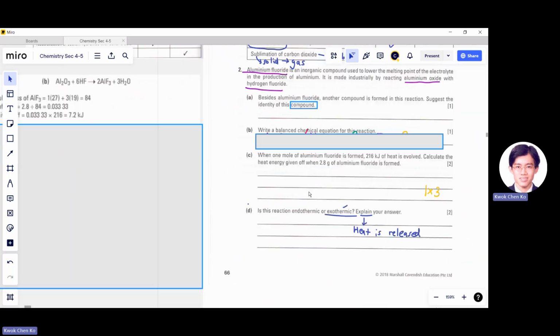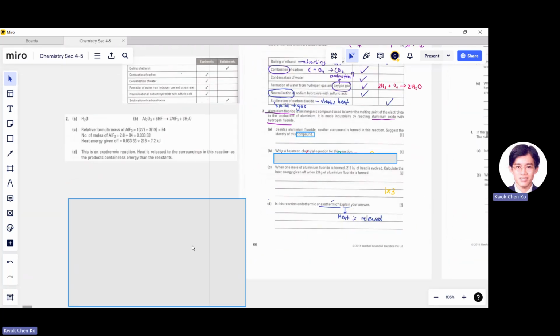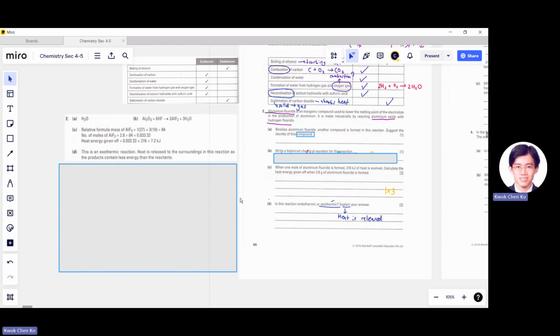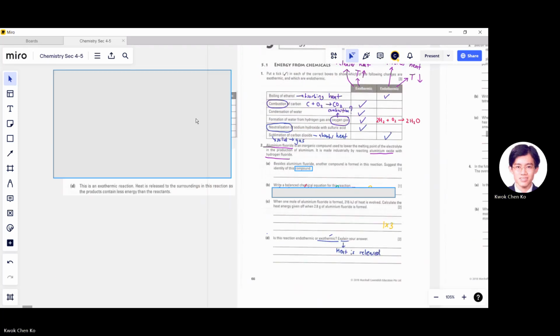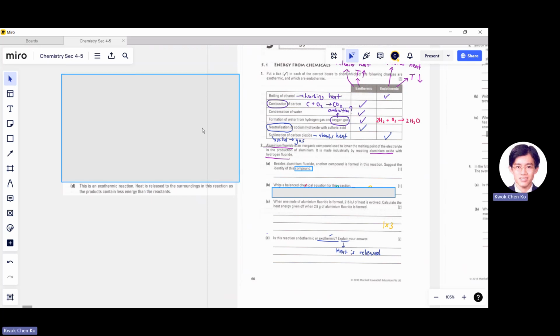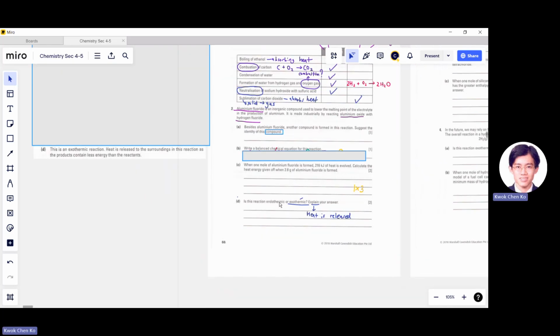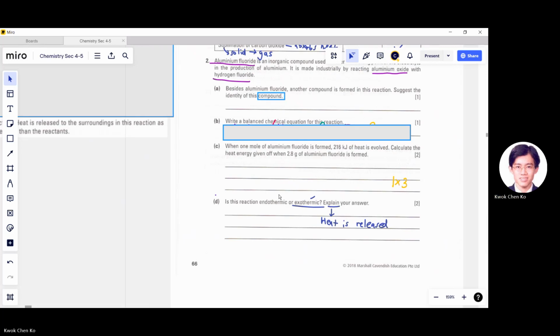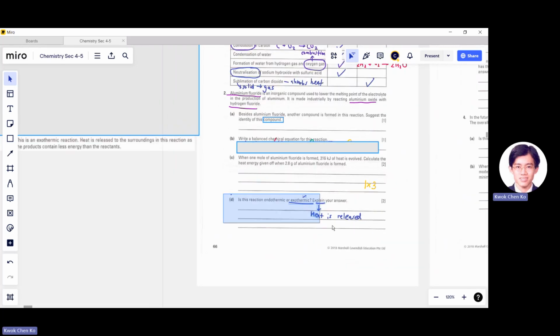Write a chemical equation. Okay. So Al plus, right? Yeah, I think so. You better remember. Is it in the particular? Which one? Al. Oh yes, it is.